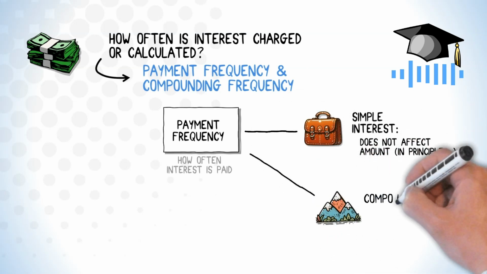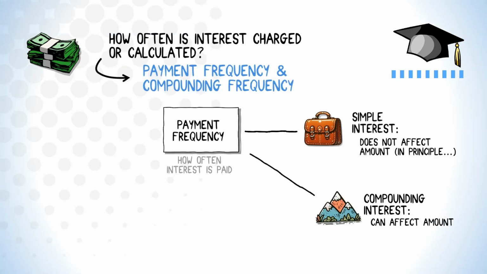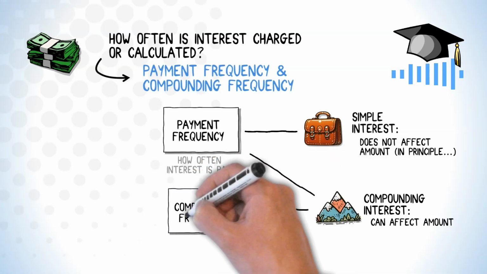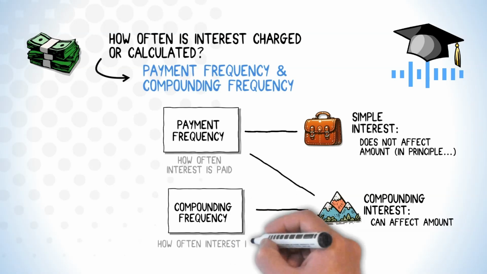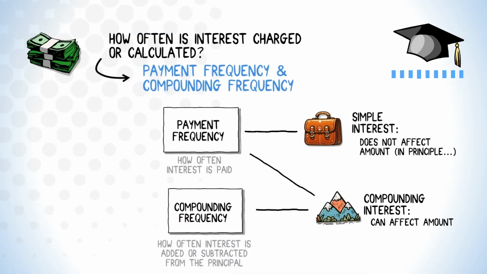With compounding interest, the payment frequency can affect the total amount of interest, even while keeping the payment rate the same. This can happen because of the compounding frequency, which is the frequency with which the interest earned is added or subtracted from the principal to generate its own interest until the next compounding date.